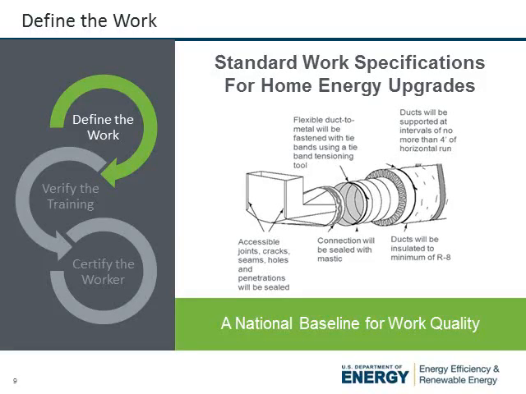The standard work specifications for home energy upgrades really are the bottom of the pyramid of work quality that we've developed over the past few years under the Guidelines Project. They lay out, for every measure that we perform in the Weatherization Assistance Program and the home performance industry overall, what it means to achieve quality in a particular measure.